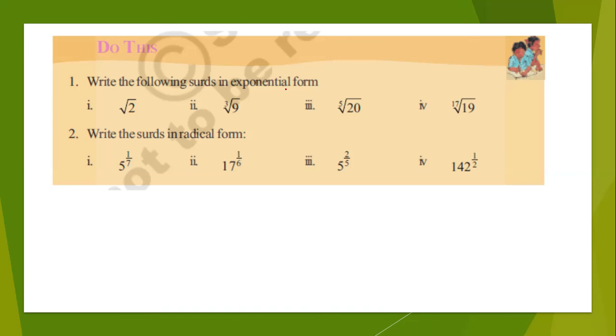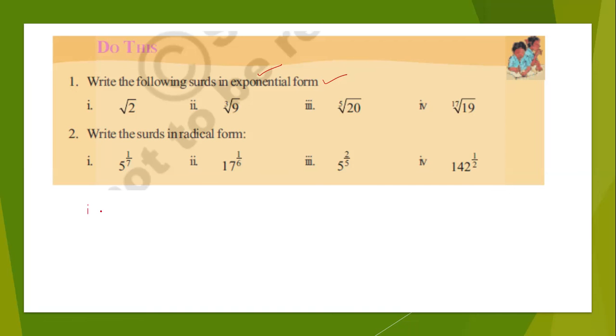Write the following surds in exponential form: root 2, cube root of 9, fifth root of 20, 17th root of 19. These forms are called radical forms. In the first question, the given forms are radical forms. You may convert these forms into exponential forms.